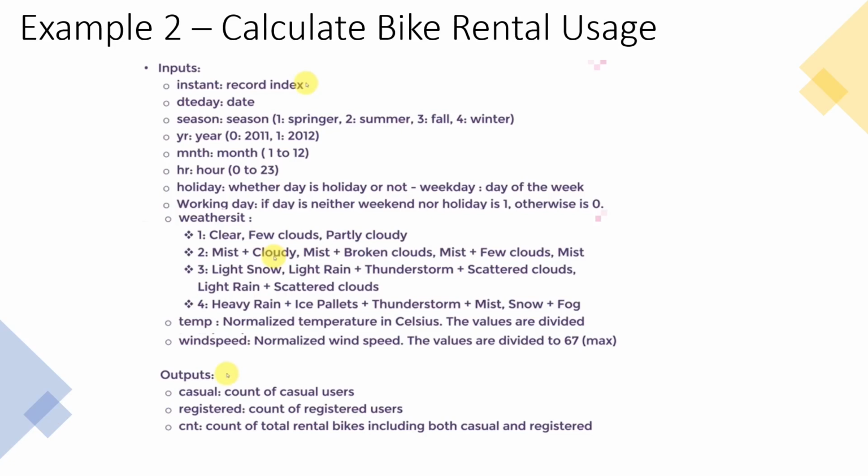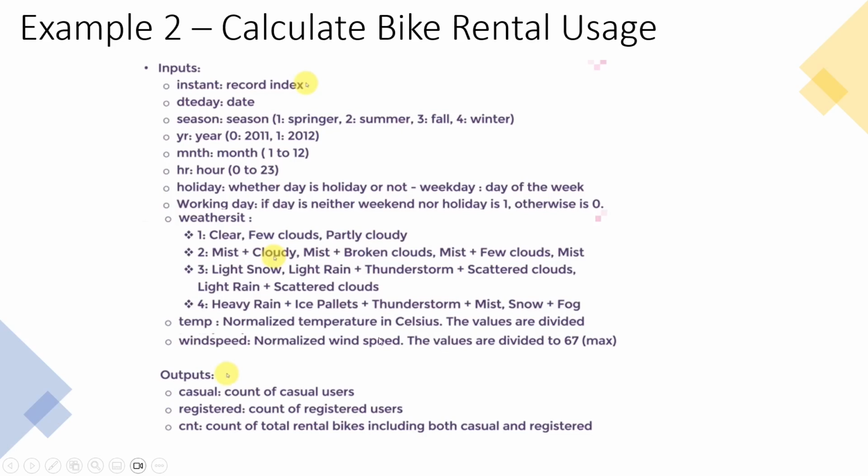So what are our inputs? There is the instant record index, the season, either spring, summer, fall, or winter, the year, the month, and whether it was a holiday or a working day. There is some information about the weather situation. These are categorical data. There is temperature in Celsius. There is wind speed.